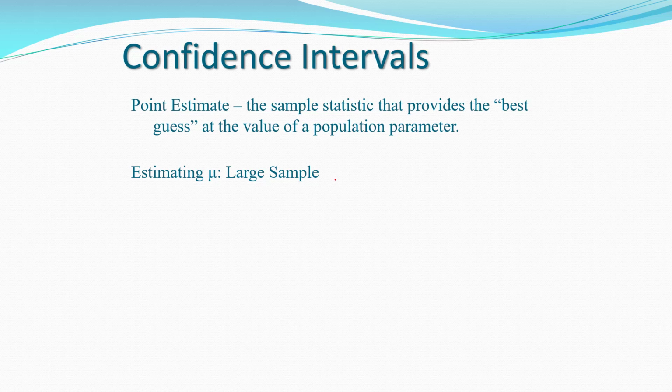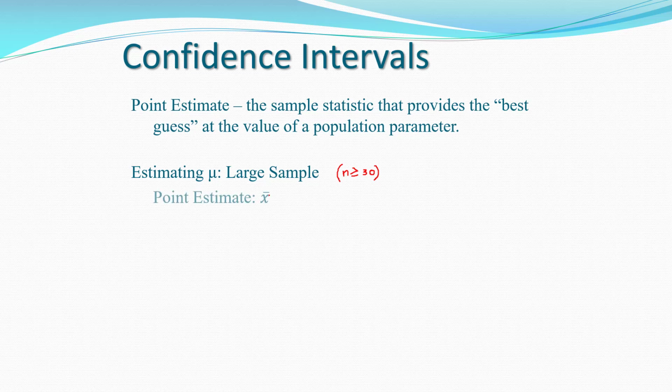Depends what you're doing, what you're analyzing, how you're doing it, but you always want to be mindful of how big a sample do I need to be considered a large sample. For us, in this case, n has got to be greater than or equal to 30. That's what we're going to consider a large sample when working with means. We will be able to work with a small sample estimation of a population mu, but this discussion today in this video is just large sample.